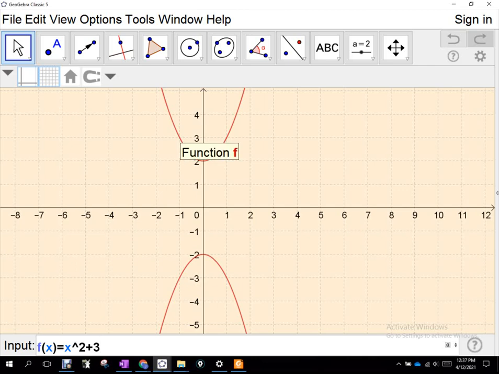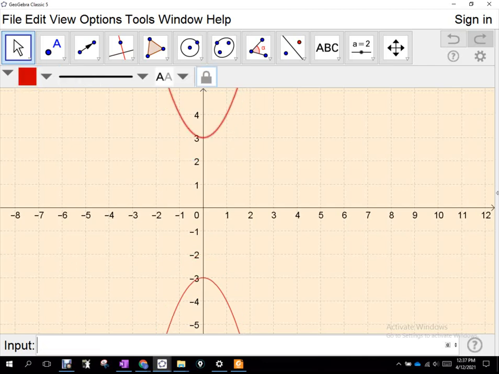So in order to go from that curve right there to this one, I'm going to write f of x equals negative, or sorry, I have to call it g just because of GeoGebra, negative what I started with, x squared plus 3. And when I do that, you see then it turned orange, but it gives this one.